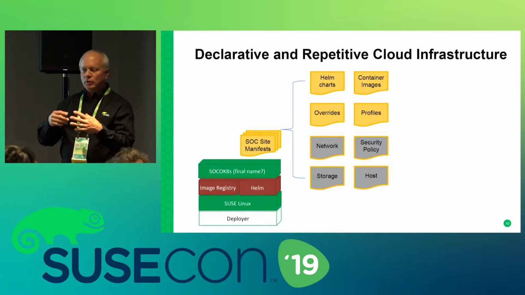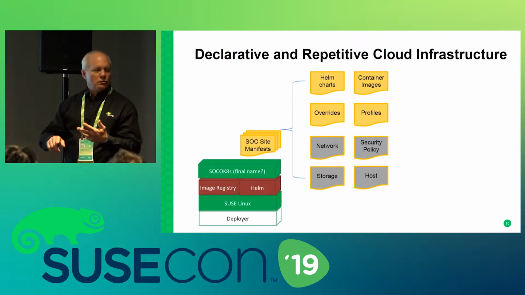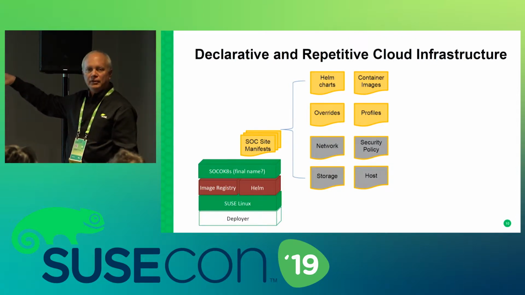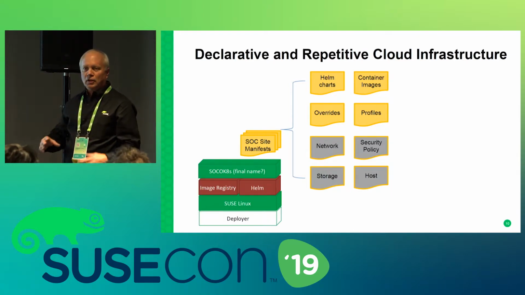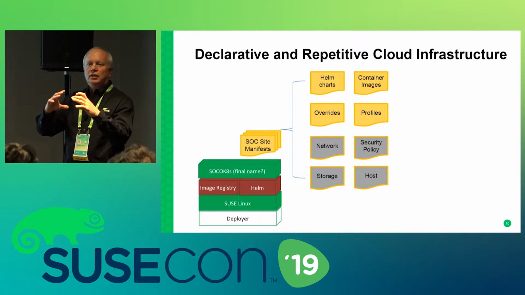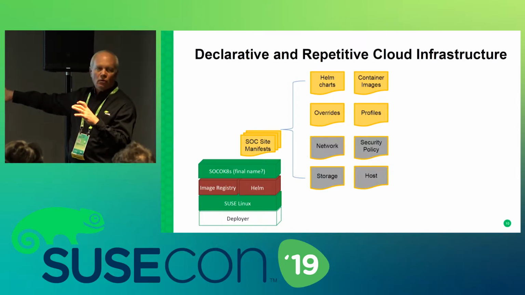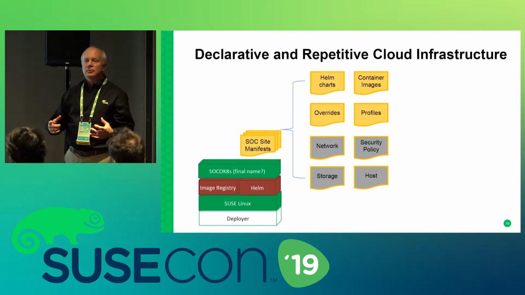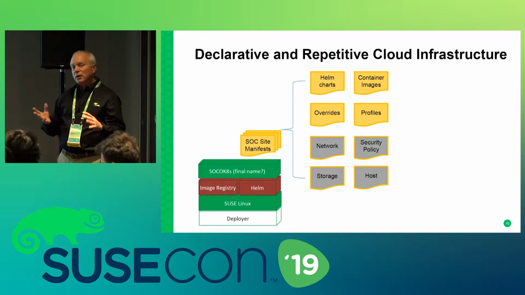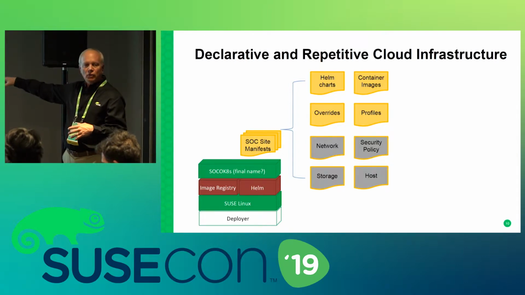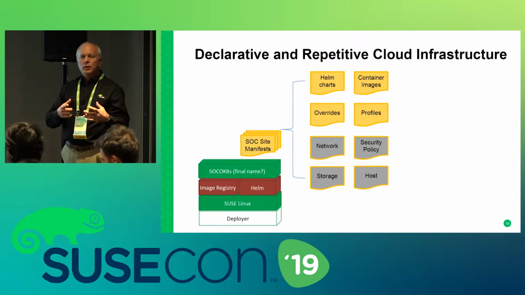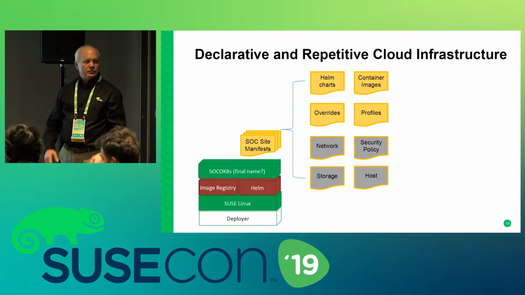If you're doing normal things, you define your network and storage with the site manifests, and you may not have to know everything about Airship. We want to make it simple to get started, but you have full control on the back end if you want to do something different or special. We want to make it pretty easy to get going with this.